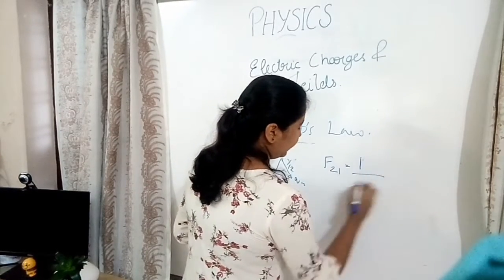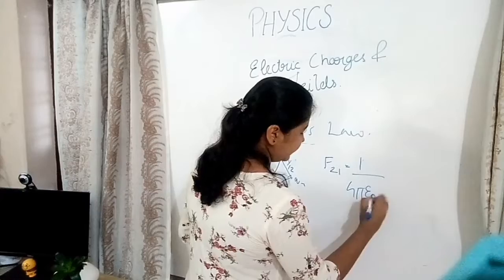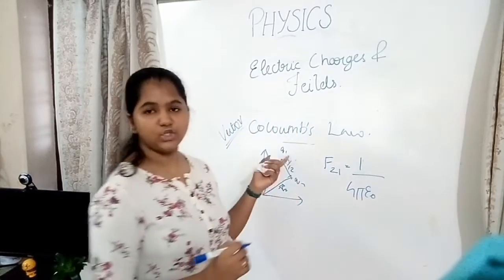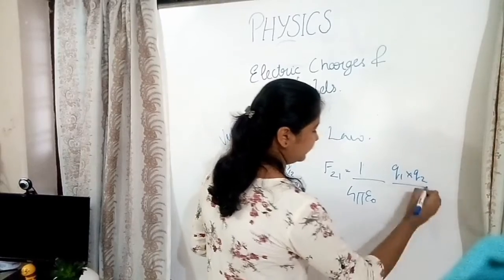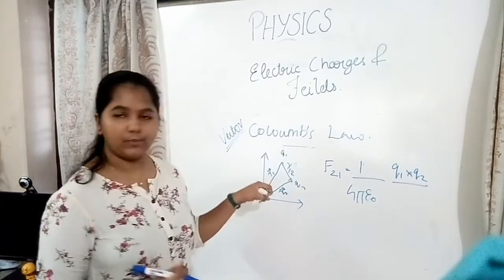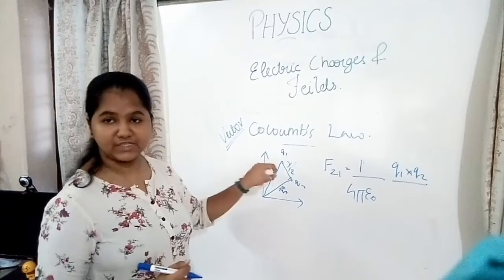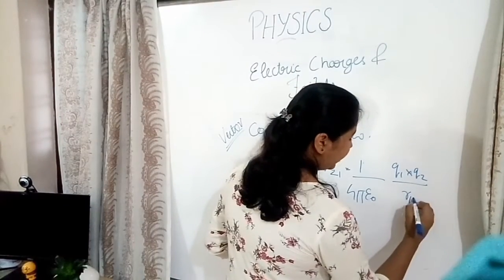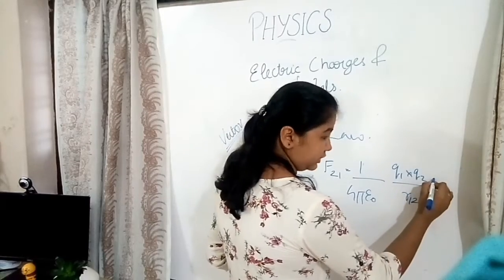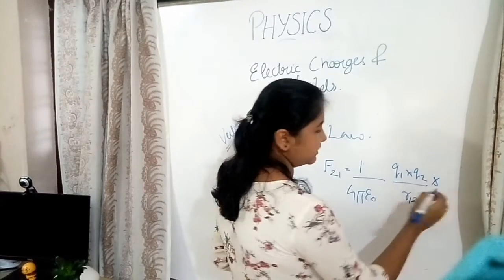And our charges are Q1 and Q2. So Q1 into Q2 divided by the distance between the two charges, that is R12. There should be something to write, the cross, because it's vector form.